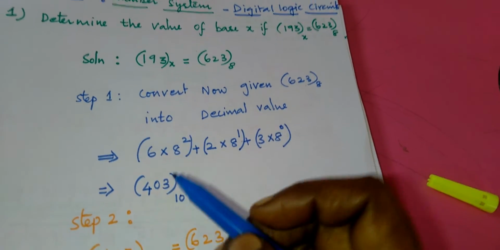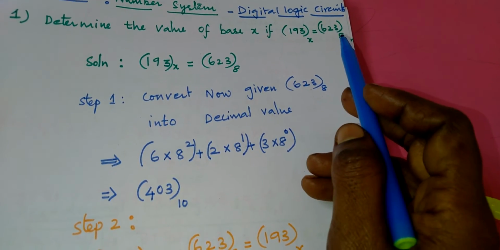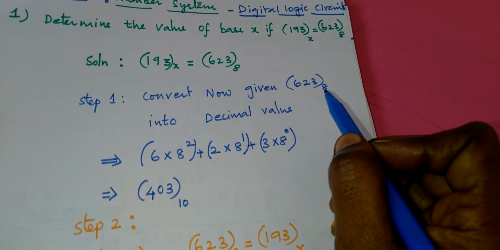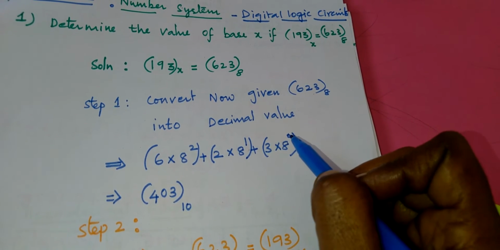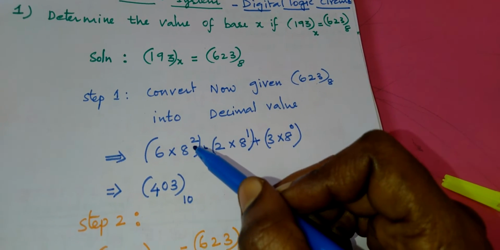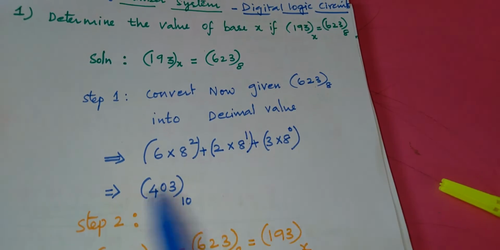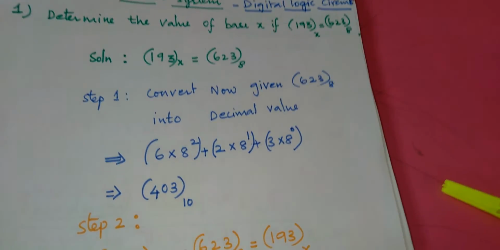How do we convert that into decimal? Here is your octal number: the first digit is multiplied by 8 power 0, the next digit by 8 power 1, the next digit by 8 power 2, and multiply all the values and add, and you will have the decimal value.